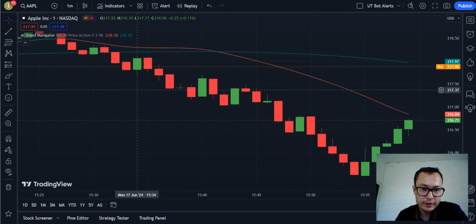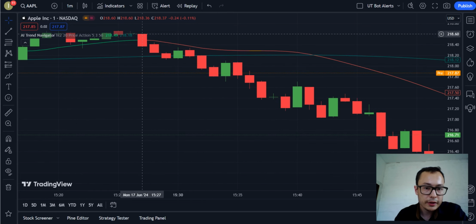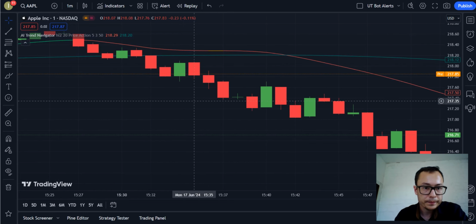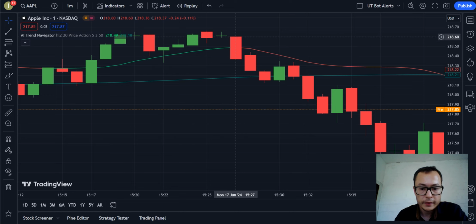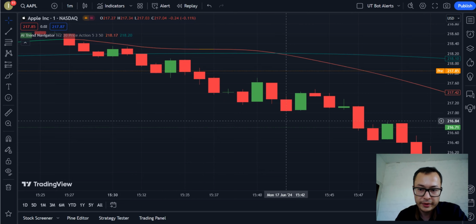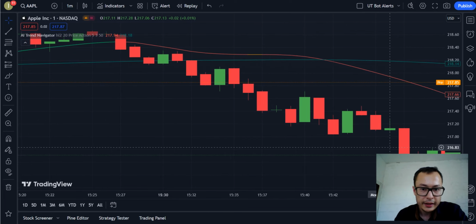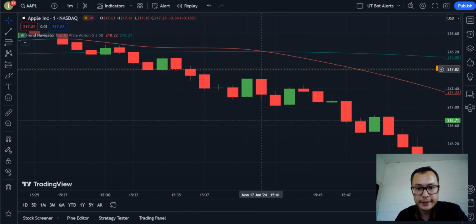As you can see, after 3:27 p.m., most of the candlestick bars are red. Some are green, but most are red, which shows that there's an overall downward trend in the stock price.